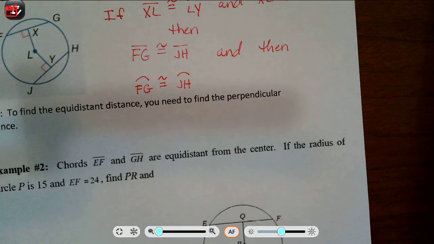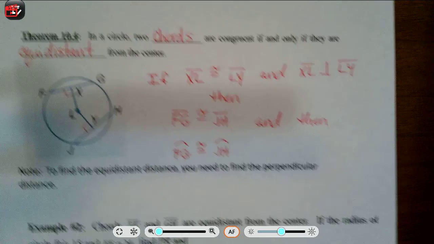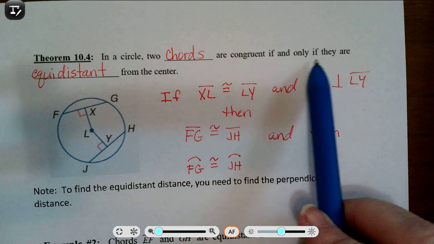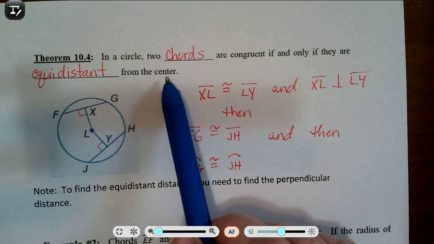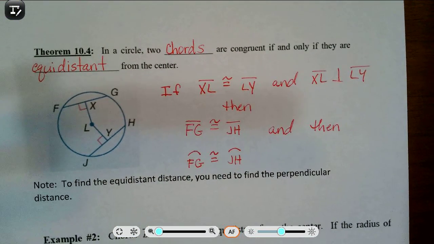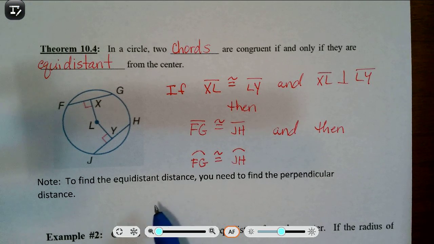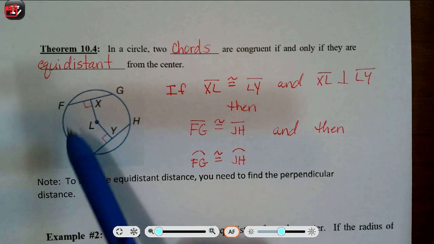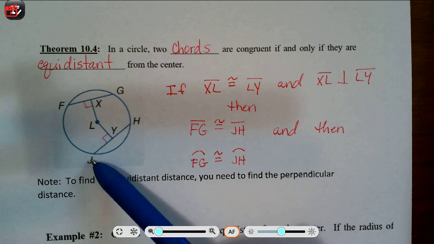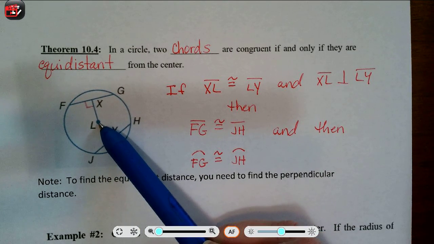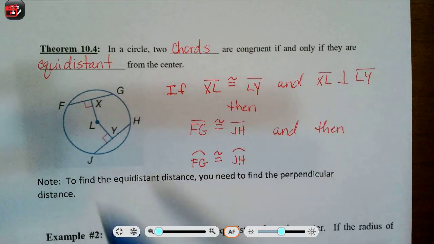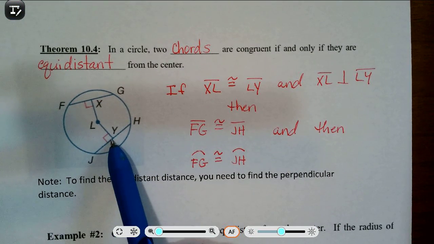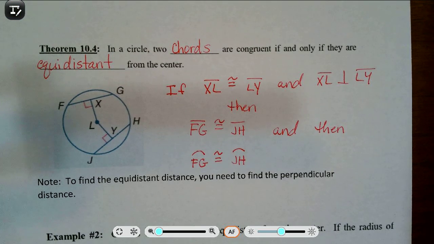All right, one last one to take a look at, and that is in a circle, two chords are congruent if and only if they are equidistant from the center. One thing to keep in mind is that when we're finding something that is equidistant, we need to find its perpendicular distance. If we look at this figure, we have this chord FG, we have this chord JH. Here is my center point. I am finding the distance that's perpendicular from point L to FG, and I need to find also the segment that's perpendicular over here.